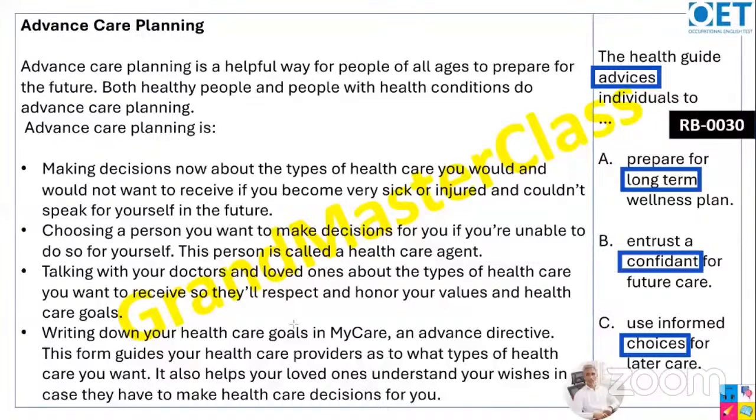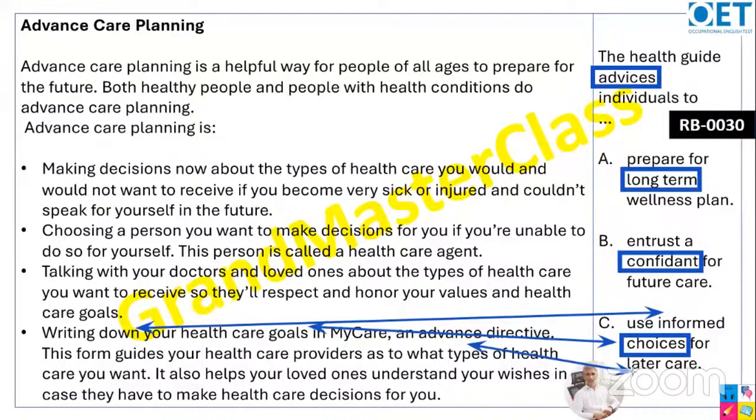Writing down your healthcare goals or choices. And you have written down, that means you are giving information. And it also helps your loved ones. Later care, advance directives. So you are suggesting they take these directions in the later stage and do it.